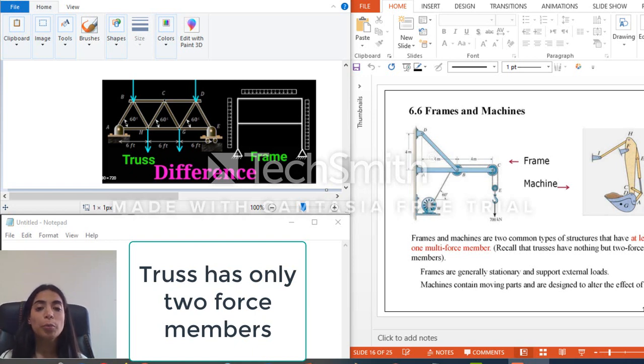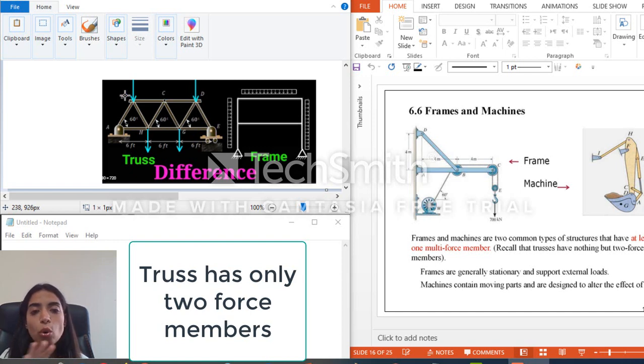You can go to the previous videos and see the explanation of two-force members, and I can give you a summary. Two-force member means, guys, that I only have forces on the joints, which means if I have a truss like this figure, all the forces are exerted on the joints.